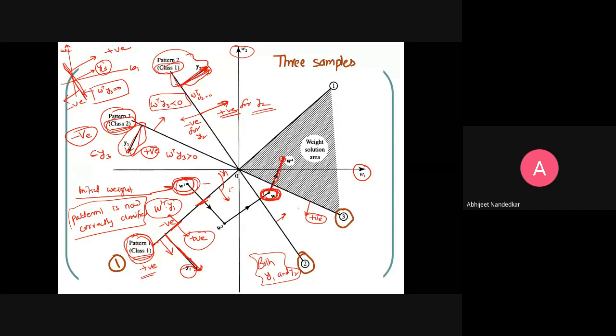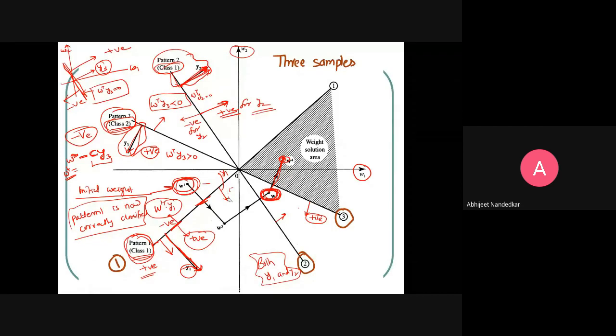You will multiply y3 by a small number c so that it gives a small component, and subtract it from the current weight. So the current weight is w3, w3 minus c y3, and you will get w4. So w4 is standing here.